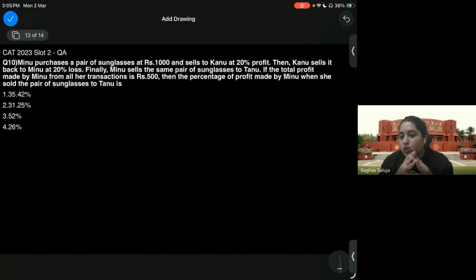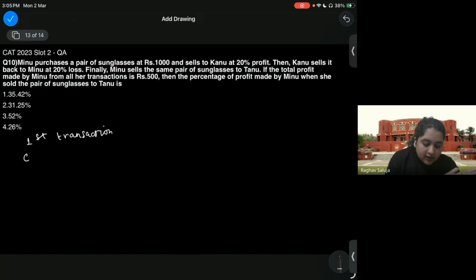So we need to find the total. We are talking about the profit made by Meenu. So Meenu is selling her glasses 2 times. So we will treat it as two different transactions. So first transaction is when she sells it to Kanu.